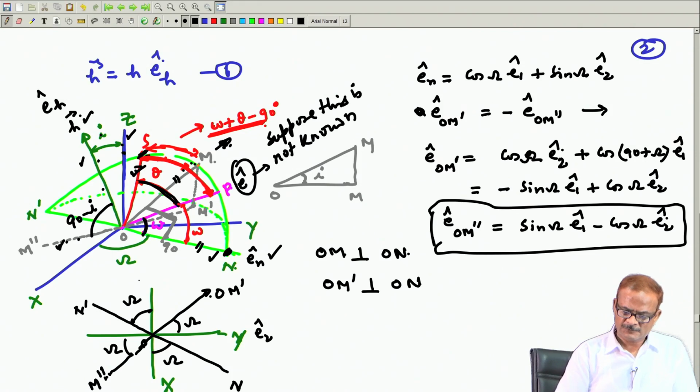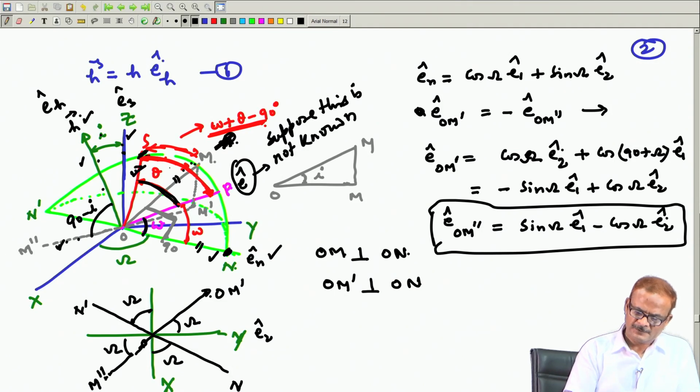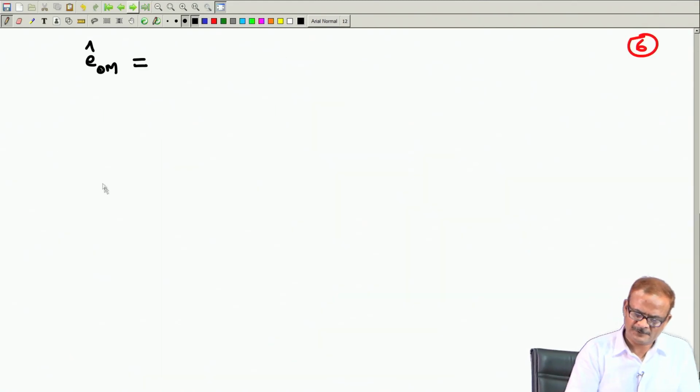So, we need to know the E_OM cap vector, this we have to determine. Going back to this figure, you can see that along this direction this component will come from E3 cap. I will draw this figure again on the next page, without that it is becoming very complicated.